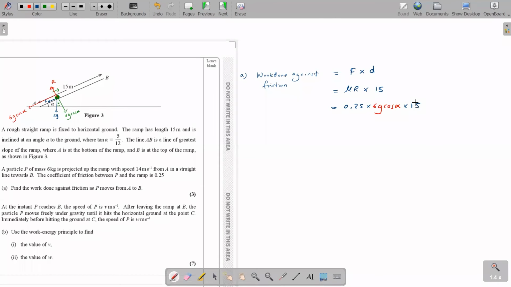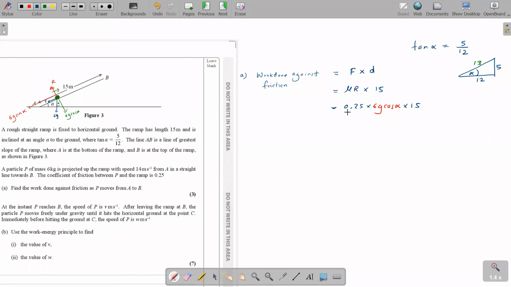Can you all tell me what the cos alpha value is? The tan alpha value is given as 5 over 12. When you mark the diagram, tan alpha is opposite over adjacent, isn't it? In the right angle triangle, I can get the other side using Pythagoras theorem: 5 squared plus 12 squared, square root of that gives 13.